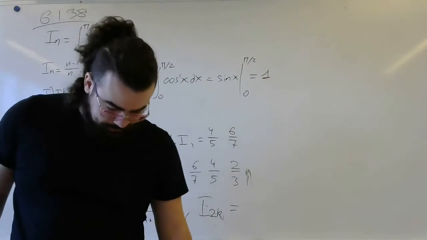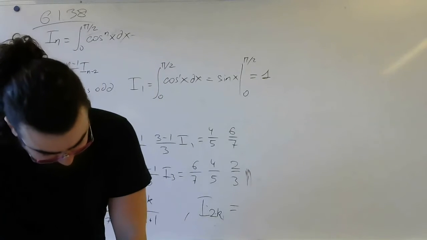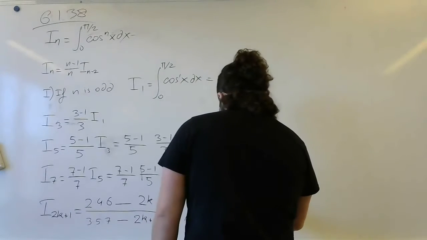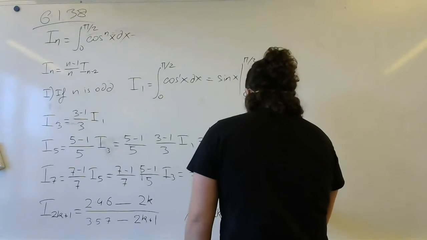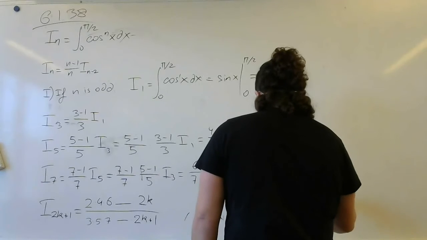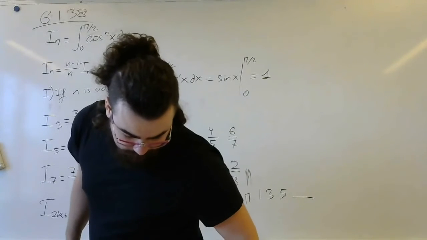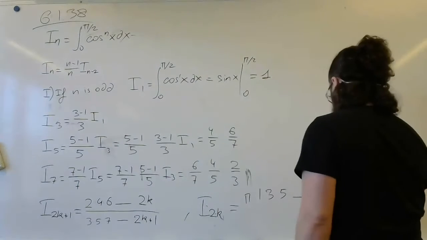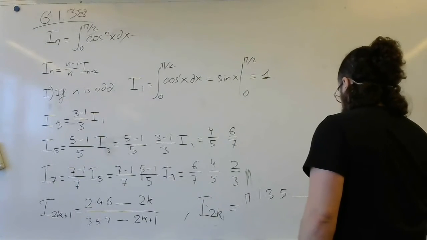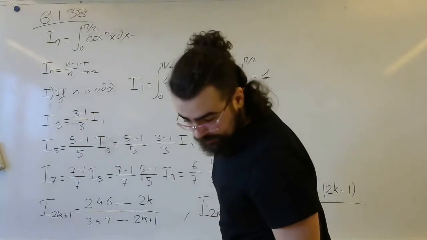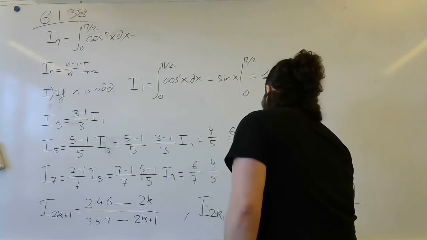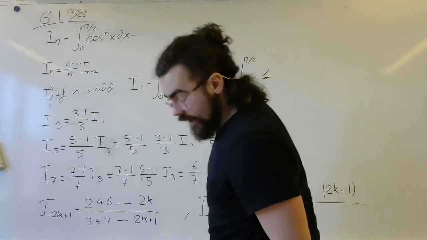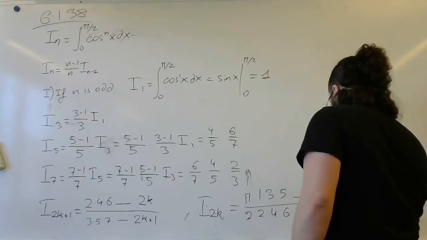If n is even, this is pi times 1, 3, 5 all the way to 2k minus 1, and dividing we have 2 times 2 times 4 times 6 all the way up to 2k.